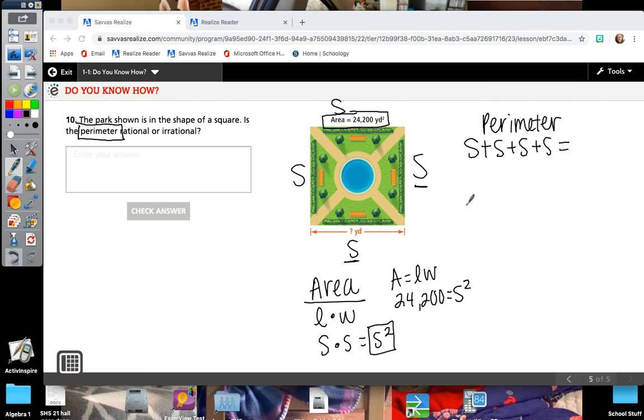Now to find just what one side is, to get rid of this squared, the opposite of squared is going to be square root. What you do to one side, you have to do the other, so you have to square root the other side. It'll cancel out your squareds here, and then you just square root this side.